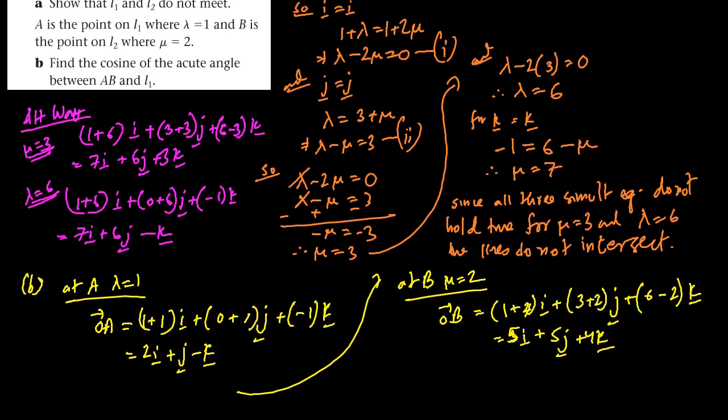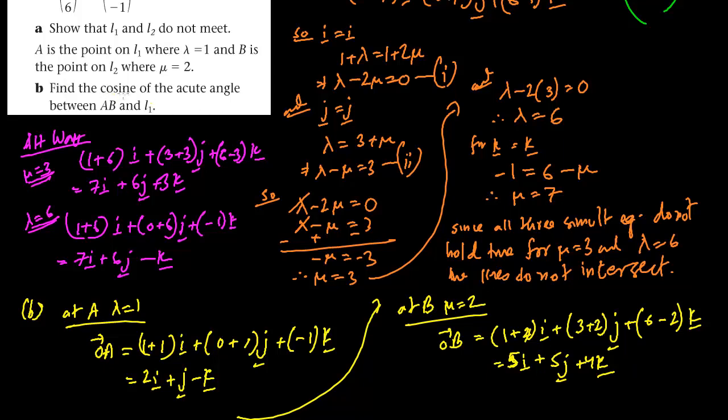Now what we have to do over here, we have to find the cosine of the acute angle between AB and the line L1. First of all, we need to find what AB is.